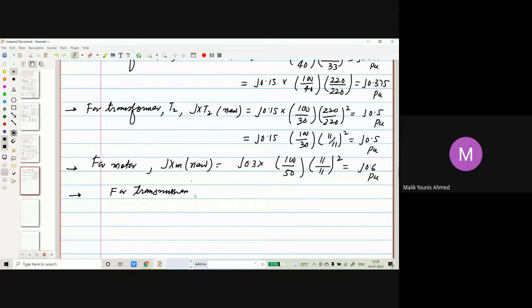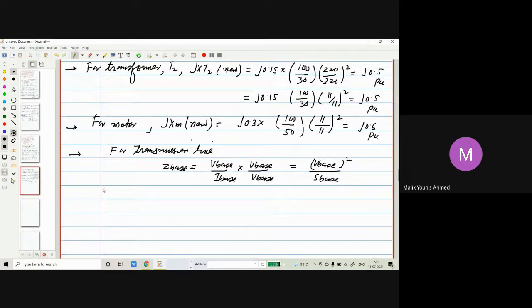For the transmission line, the Z base value we know is, again I will repeat, V base by I base. Multiplying numerator and denominator by V base, V base becomes V base whole square, and V into I will be S base. This is the base value.